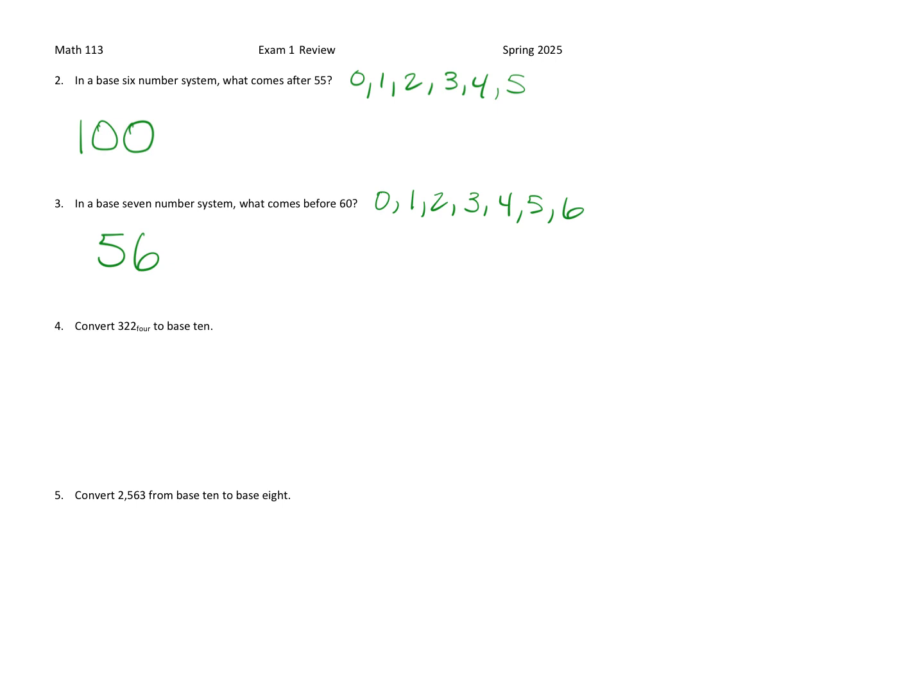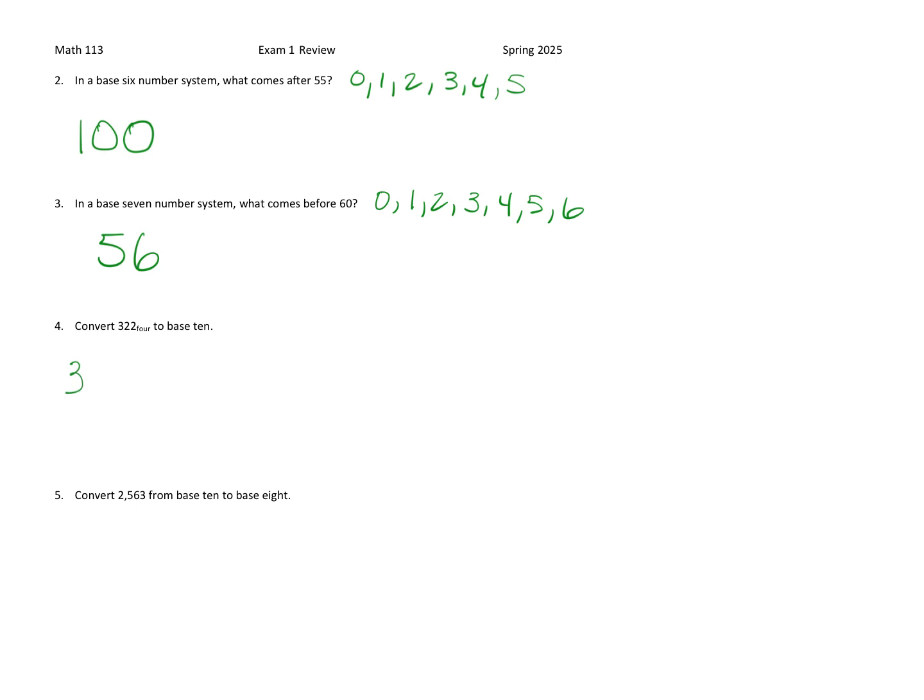Convert 322 from base 4 to base 10. So base 4 means that instead of powers of 10, like if I were to expand this in base 10, 322, it would be 3 times 10 squared plus 2 times 10 to the first plus 2 times 10 to the 0. But instead of tens, we're using fours.